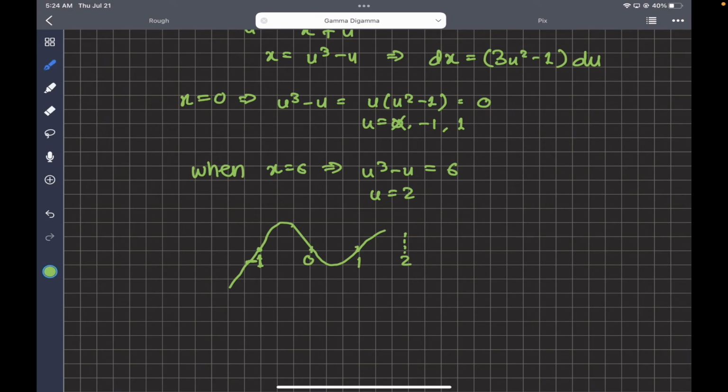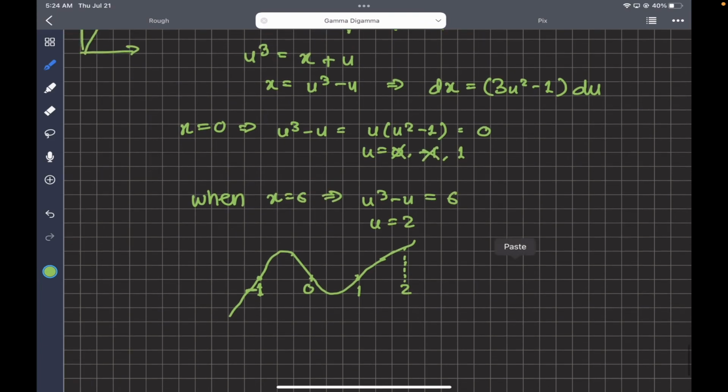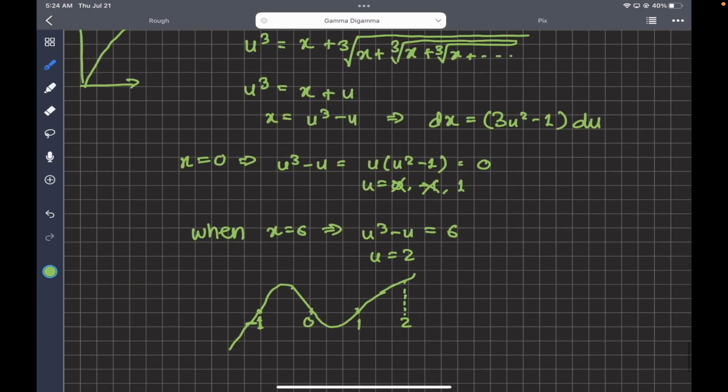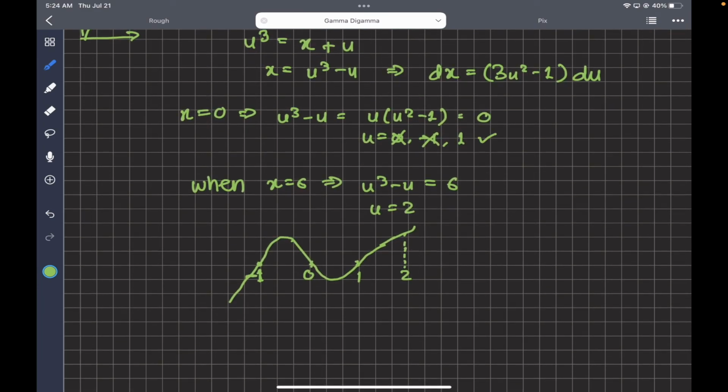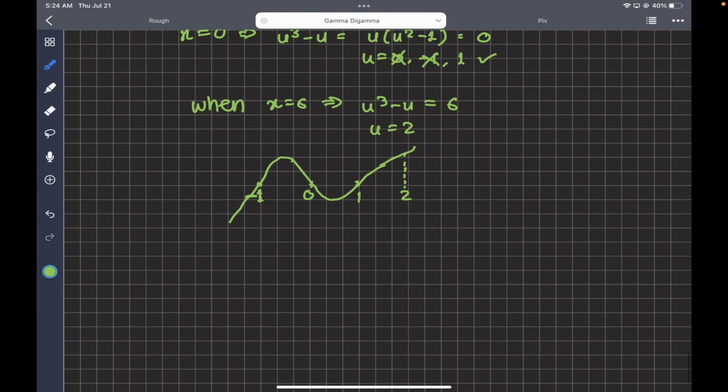Maybe I should draw this more carefully. It's increasing. So -1 is out of the question because it decreases over that 0 to 1 interval. The best candidate we have is 1. So the integration is actually going from 1 to 2.